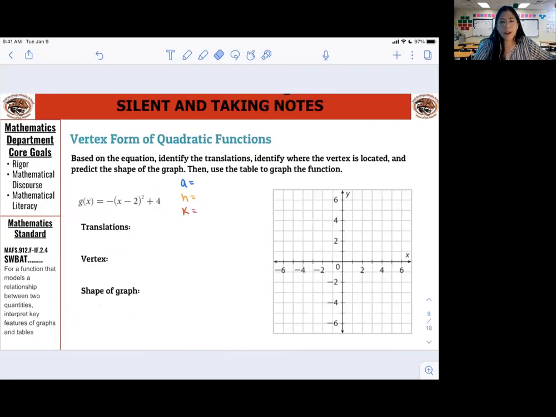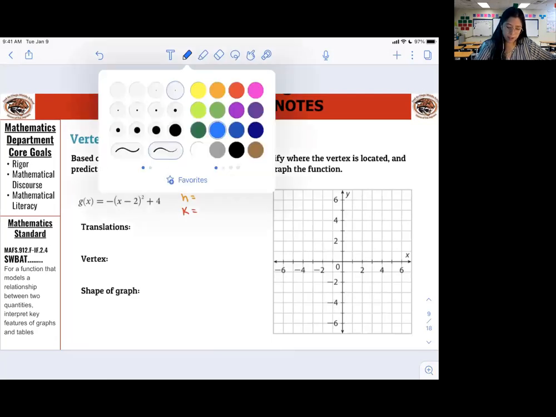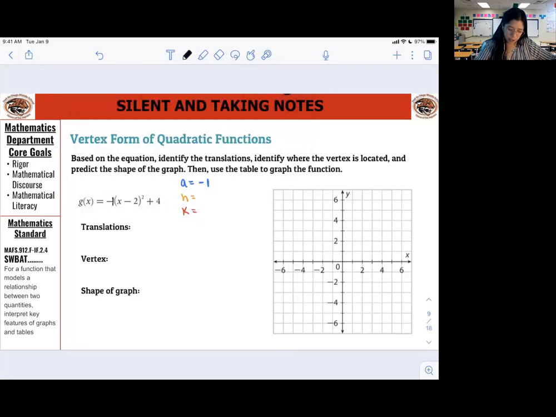What is the value of A in this one? I'm seeing it in the chat. Yeah, Jeffrey, RL, you guys are both right. It's a -1. All I see is a minus sign, right? But we know that whenever there's a minus sign just hanging out all on its own, it's technically a -1.